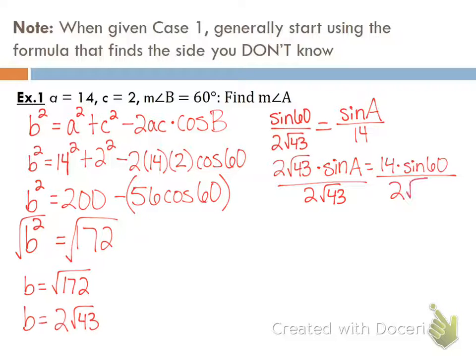And then after that, we would need to use inverse sine to get A all alone. Now, again, you'll have to be a little careful how you type this into your calculator, but you should have, hopefully at this point, learned your calculator well enough to know what works for you.